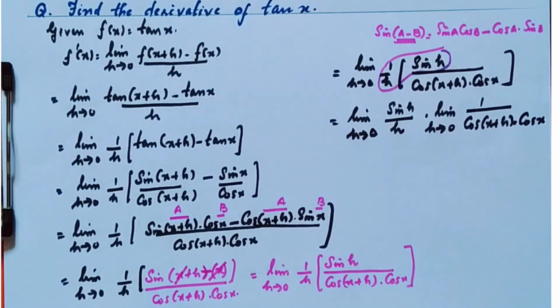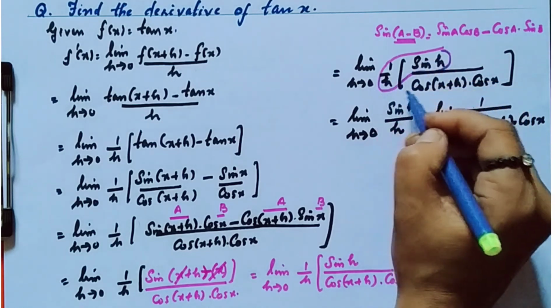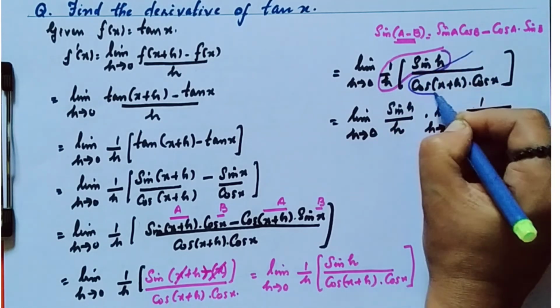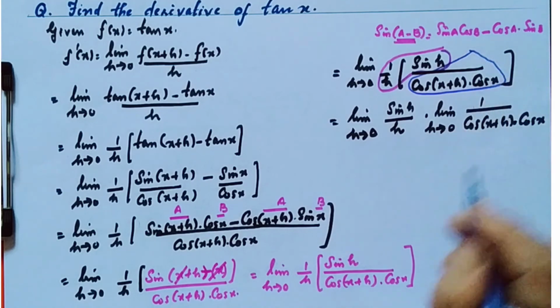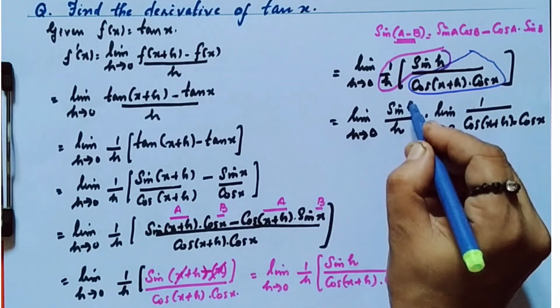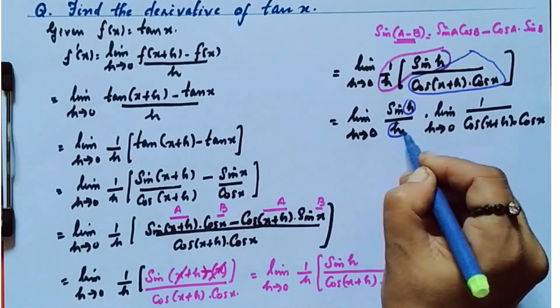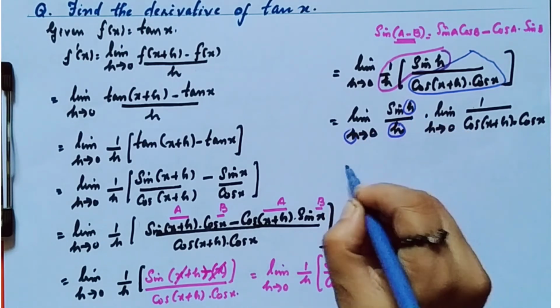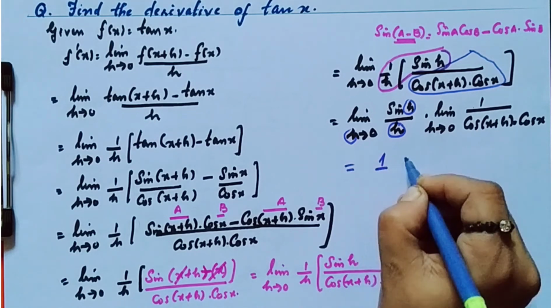You need to split it up as two different functions: 1 by h into sin h is one function, and 1 by cos(x+h) into cos x is the other. Give the limit separately. You know that sin h by h, as h tends to 0, has limit 1 for the first one.